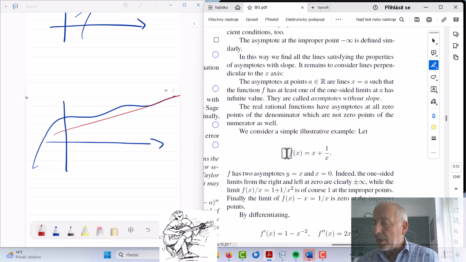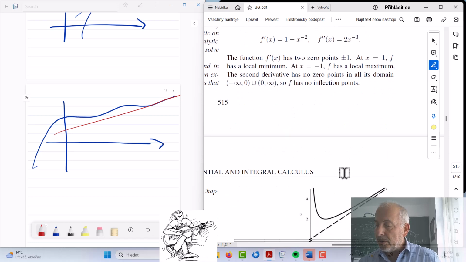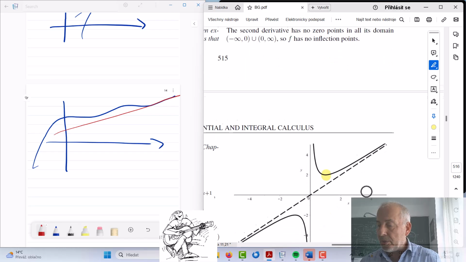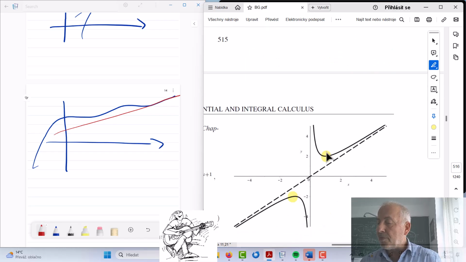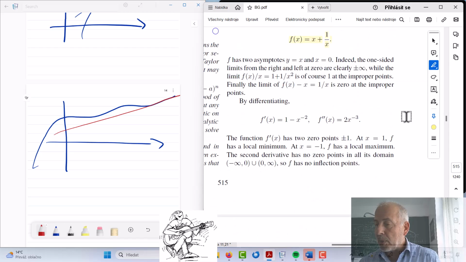Here is an example. If you take such a function, then you simply differentiate and you find out how it behaves. So the first derivative, the second derivative, and you get one minimum here and one maximum here. Those will be the two critical points. And then there will be the asymptote, which is the dashed line. And you compute it very easily in a straightforward way.